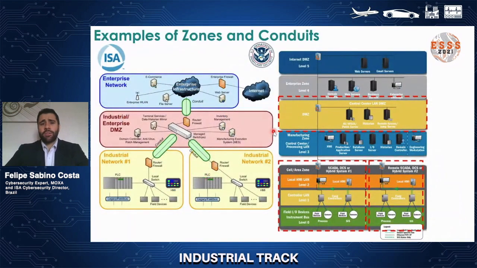And the second is exactly the creation of zones and conduits. The concept is pretty much approached by the IEC standard, but as you can see on the right side, we have also some other really recognized one, from the Department of Defense of the US, also used as, let's say, a baseline for any industrial control system topology. So as you can see, different colors here usually are different areas or zones where all the equipment inside that area should have the same level of security and criticality.